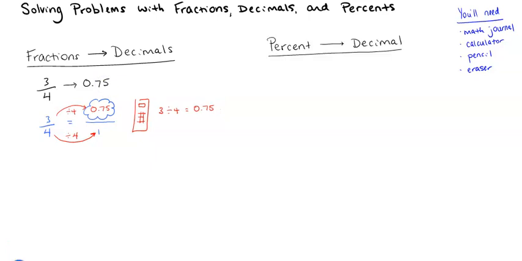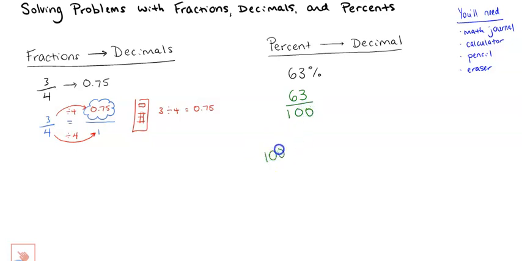So now let's talk about how to take a percent and turn it into a decimal. And let's start with 63%. I want to turn that into a decimal. Now what we need to know about percentages is that they are actually a fraction that's always out of 100.